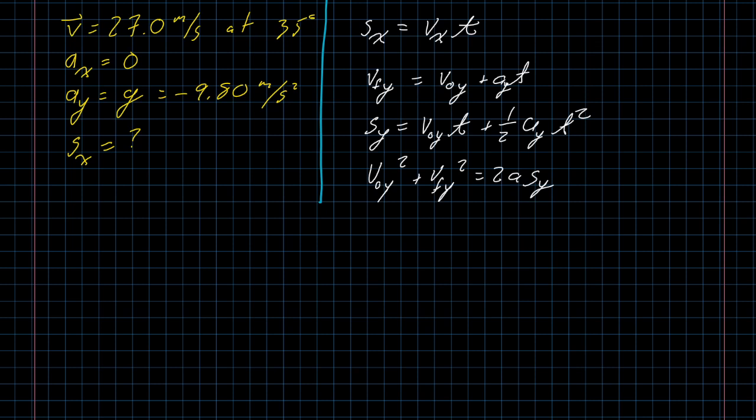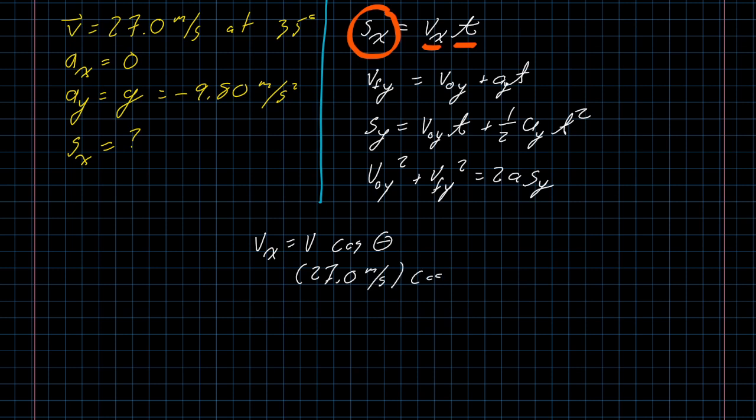I'm going to go ahead and put a big circle here around s sub x to remind myself that's the thing I'm trying to figure out. The only equation it shows up in is this one, where I've got a Vx and I've got a t. All right, Vx is easy. Vx is going to be equal to V times the cosine of theta. V in this case is 27.0 meters per second.